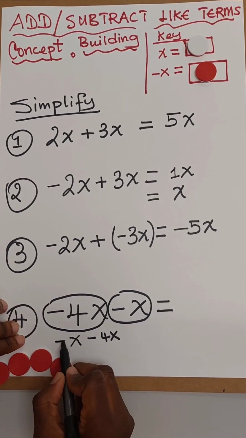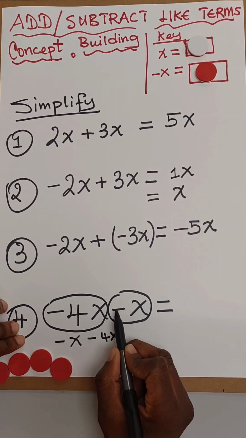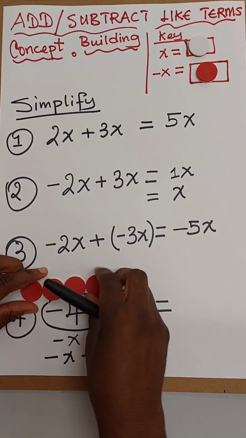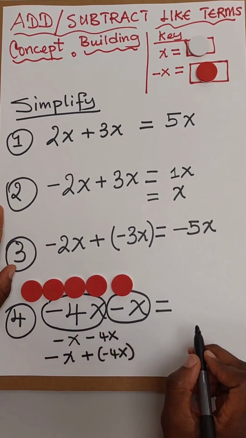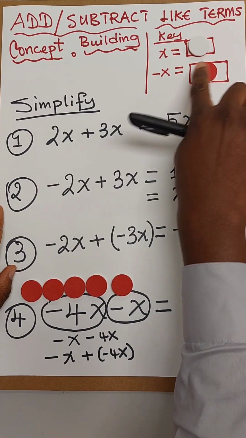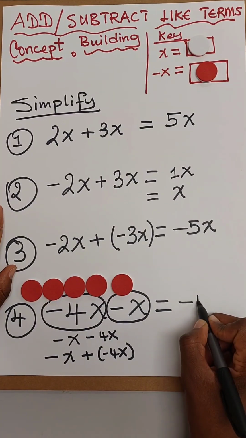This helps you to see that this variable here is a negative x. Bottom line, this is asking for 4 red chips and another red chip. So how many chips do I have? 5, but what color? Red. But a red chip represents a negative x, so I now have negative 5 of them.